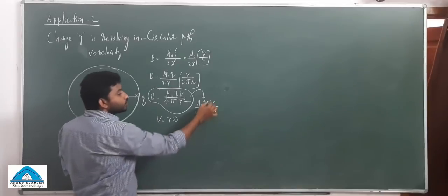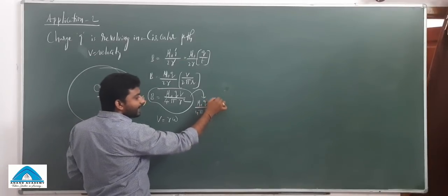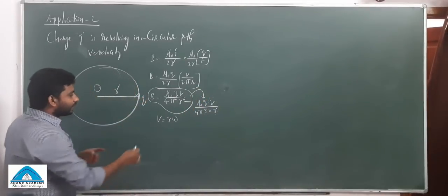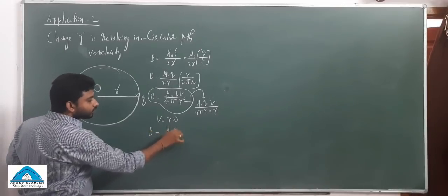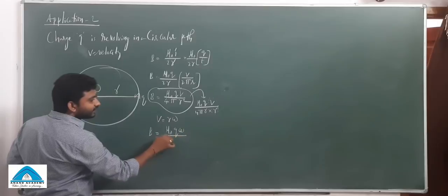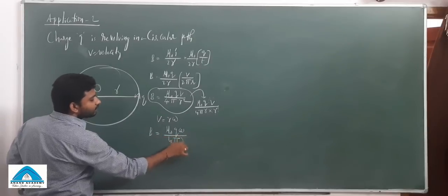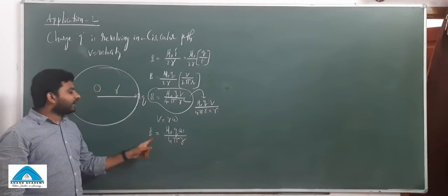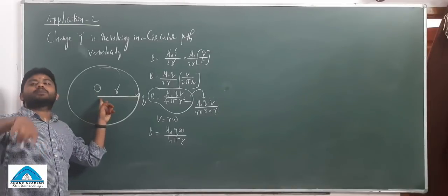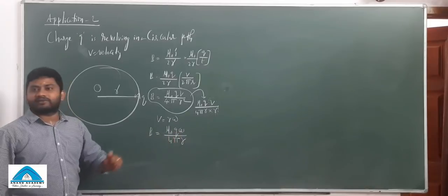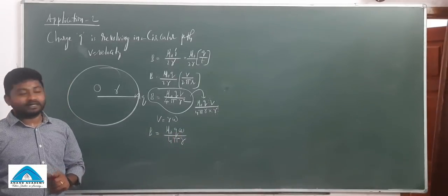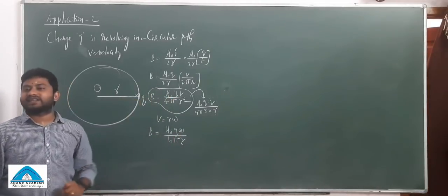So V by R, you can write omega. So magnetic field is equal to mu naught Q omega divided by 4 pi R. So what is this? The magnetic field at the center of the circular path taken by the charge, in terms of angular velocity, right? I have written. In terms of linear velocity, that is V.